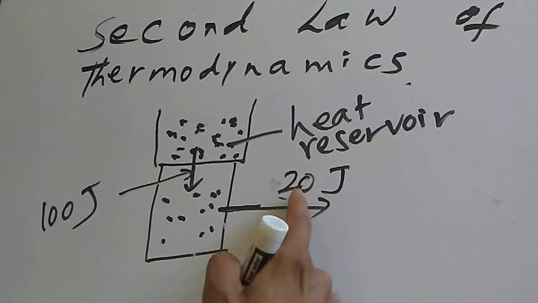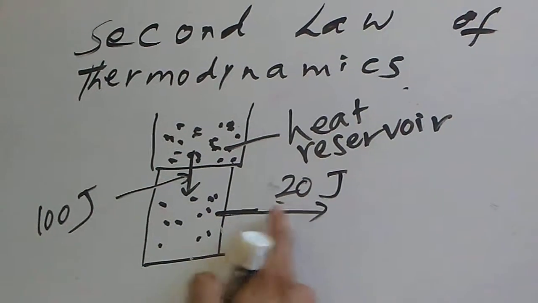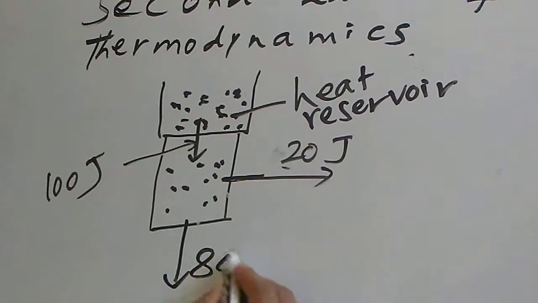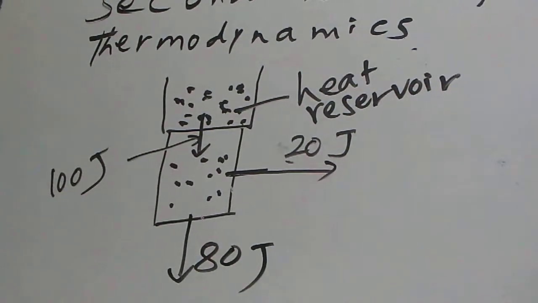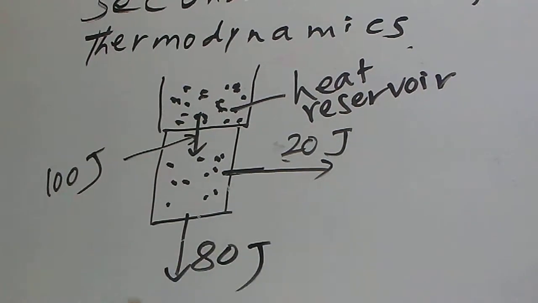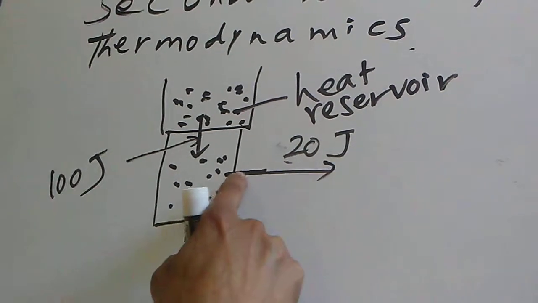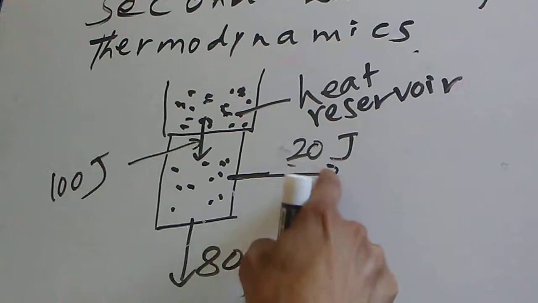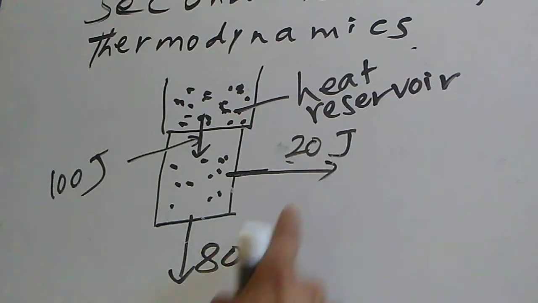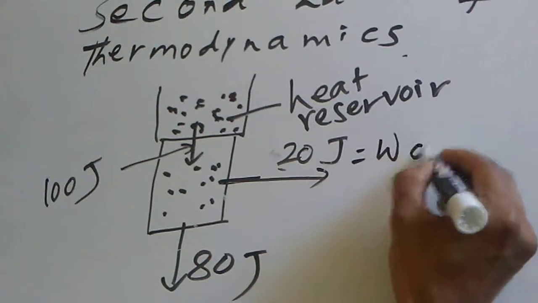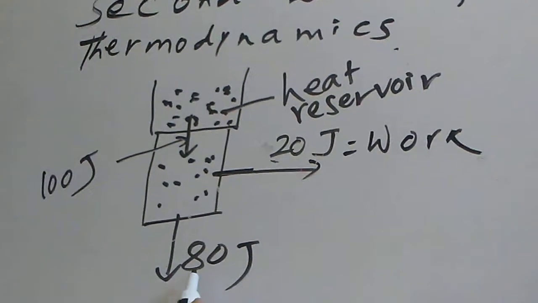You see that, 20 joules of heat energy is used to drive the car, but the other 80 joules of energy is lost as heat to the outside. This engine lost the other 80 joules of heat to the outside environment, but changed 20 joules of heat energy into real work to drive the car. In thermodynamics we call this work, and this is heat lost.